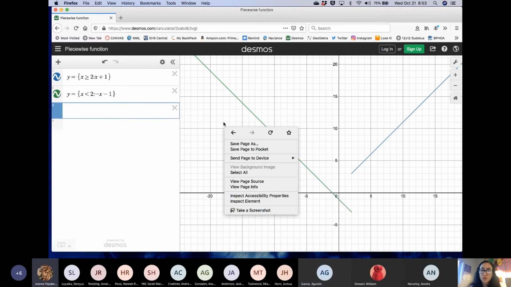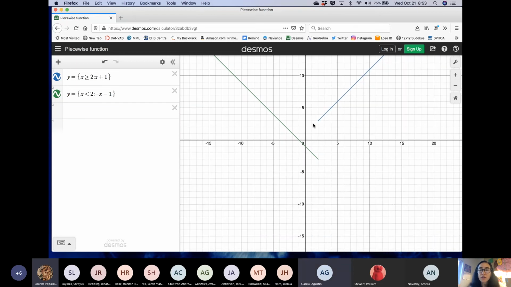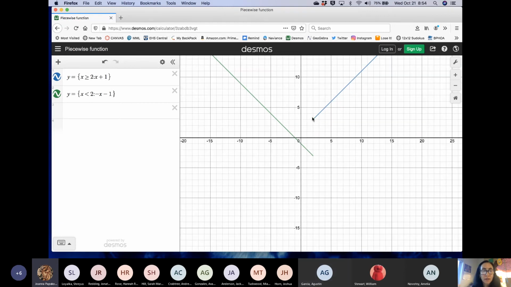So this is what we just graphed by hand. Does everybody see this? It's not going to show you what's happening here. It's going to give you graphs, but you have to know that this point is included for this one, but not for this one. Does that make sense?